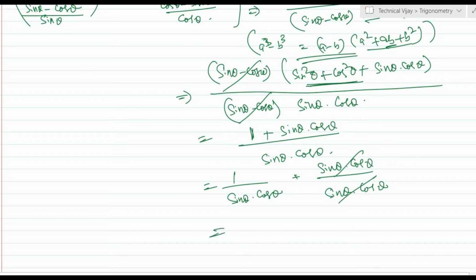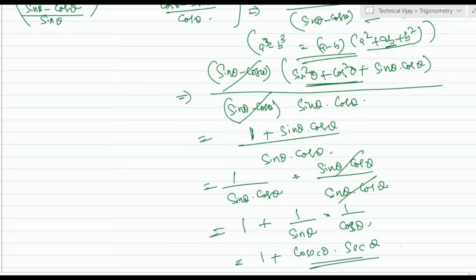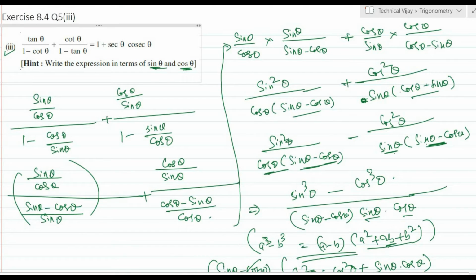So here this I will write first, that is 1 plus 1 divided by sin theta into 1 divided by cos theta. So 1 by sin theta means cosecant theta, 1 by cos theta means secant theta. You see this is equal to RHS, 1 plus cosecant theta into secant theta. Yeah, this one. So now we will go for next one.